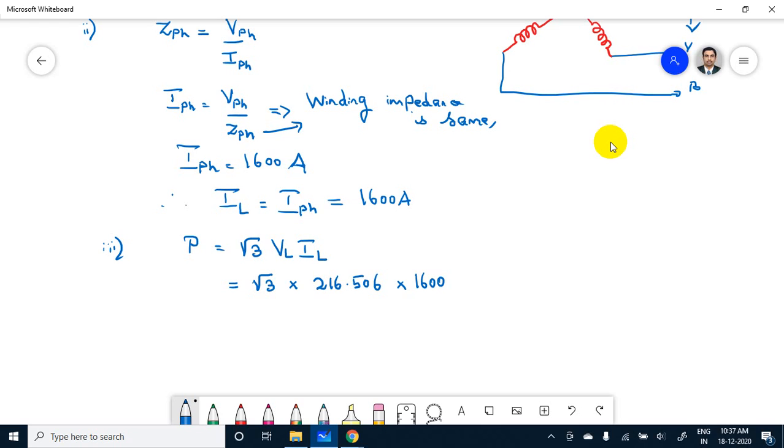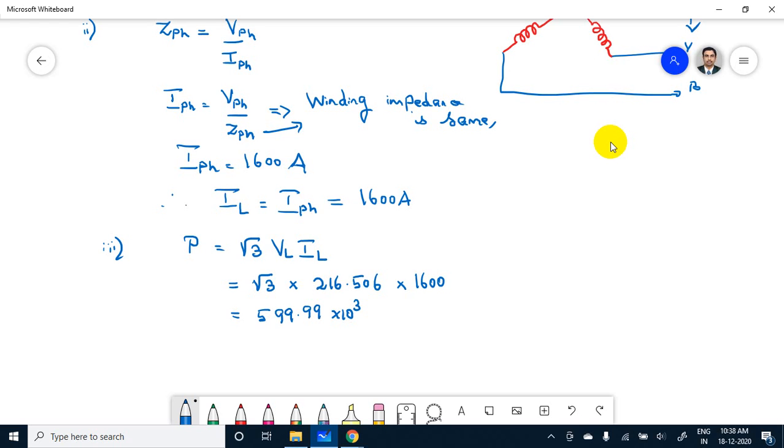Root 3 into 216.506 into 1600. How much does it come to? Students, what's the answer? 599.99 into 10 power 3.